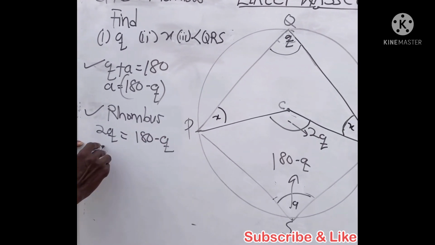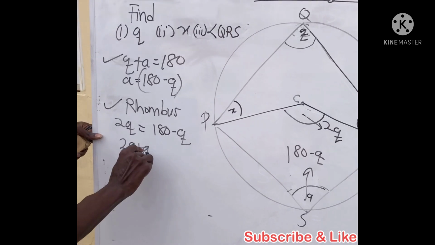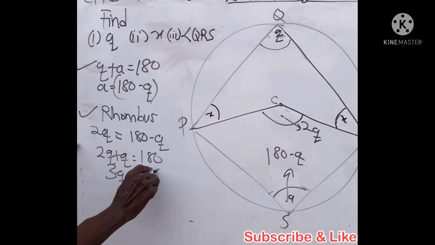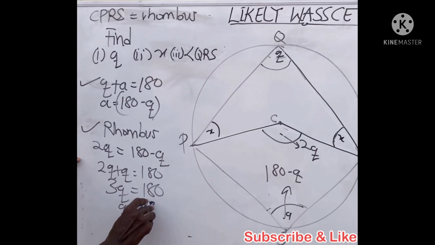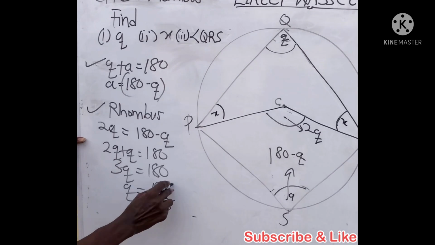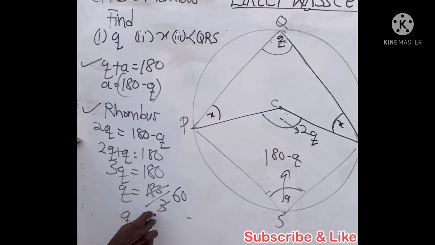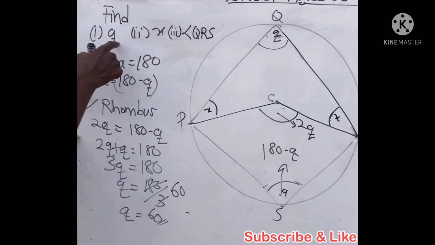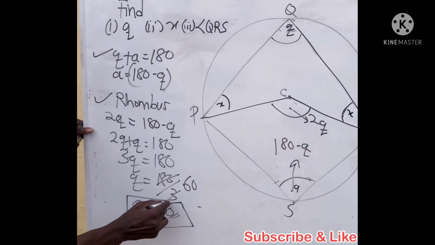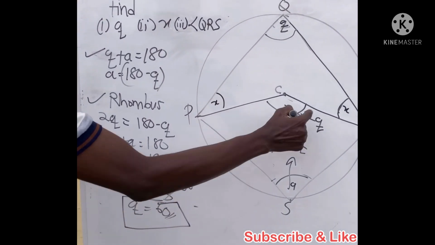Now let's find for Q. So 2Q plus Q equals 180. 3Q equals 180. Q equals 180 over 3. Q equals 60. Therefore, we find the first value, which is Q. Q is 60.